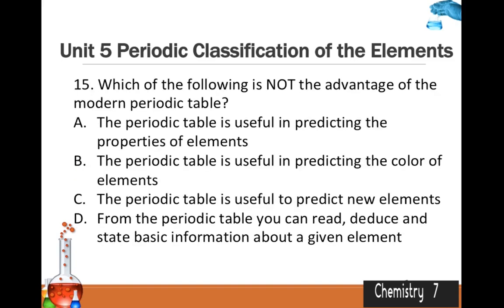Which of the following is not the advantage of the modern periodic table? The periodic table is useful in predicting the properties of elements. The periodic table is useful in predicting the color of elements. The periodic table is useful to predict new elements. From the periodic table, you can read, deduce, and state basic information about a given element.